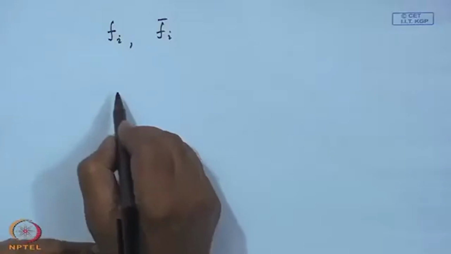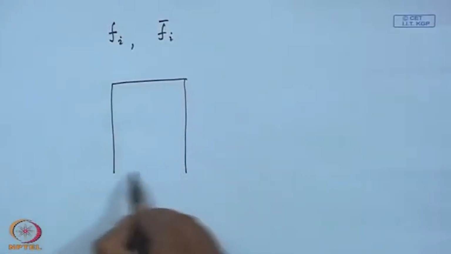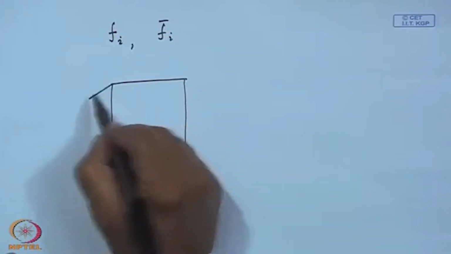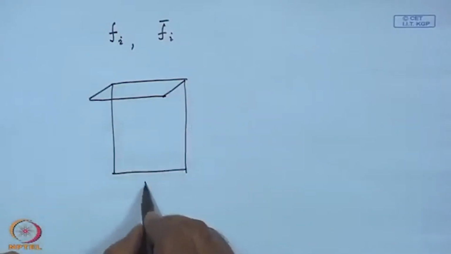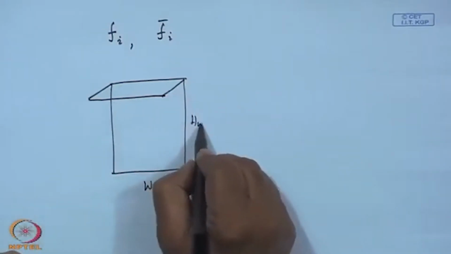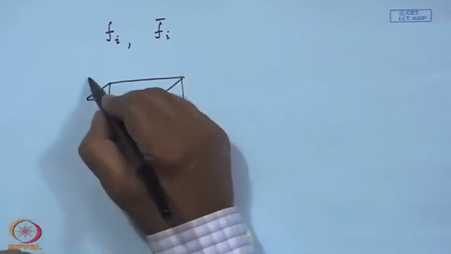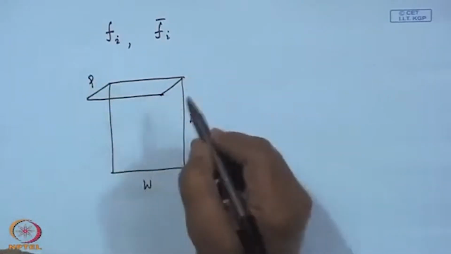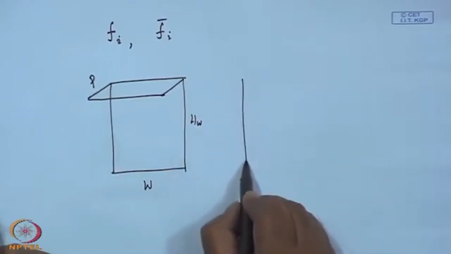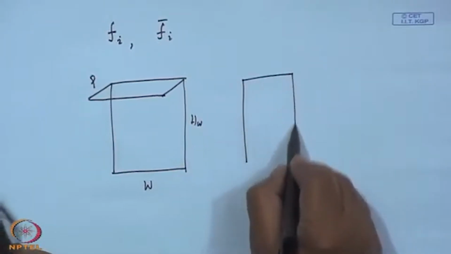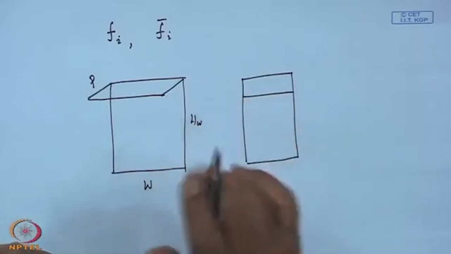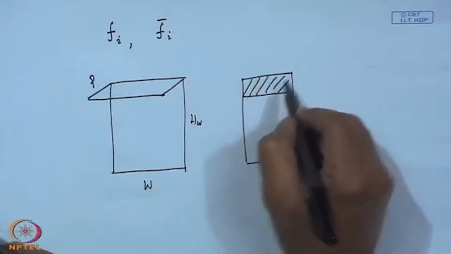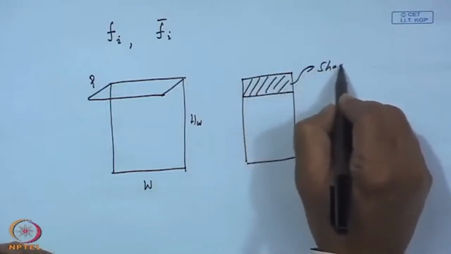So, we have also described in the last class the types of shadows that can be formed. The overhang in general is at least the width of the window, where HW is the height. This could be the projection P. So, this, without showing the clumsy way, casts a shadow when the sun is in front of it like this, shaded.